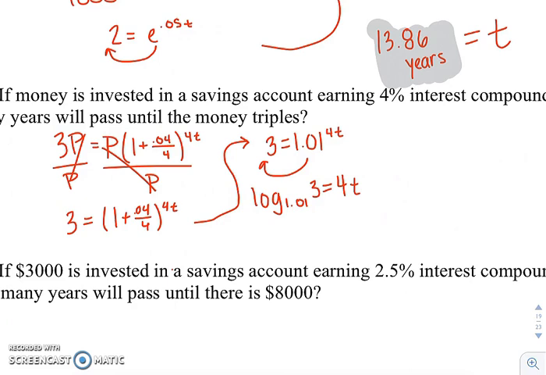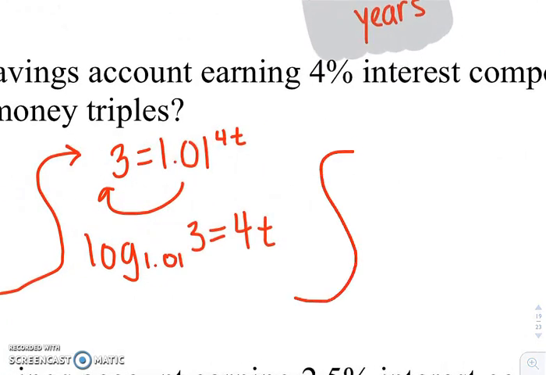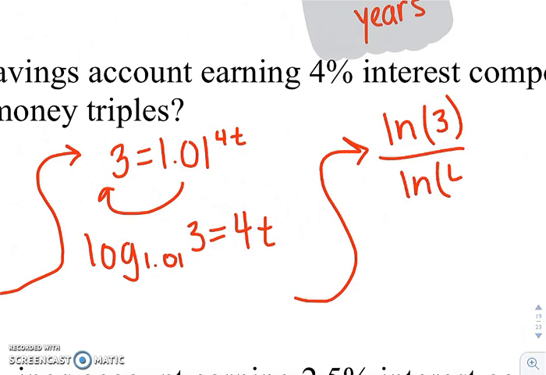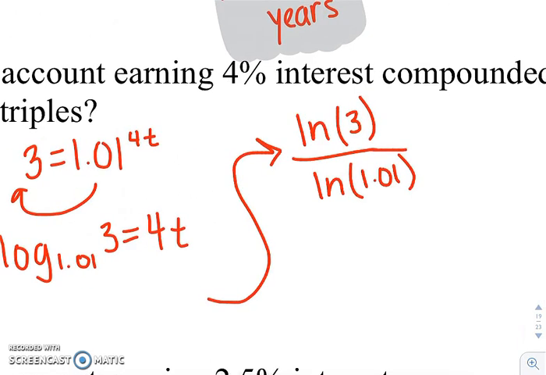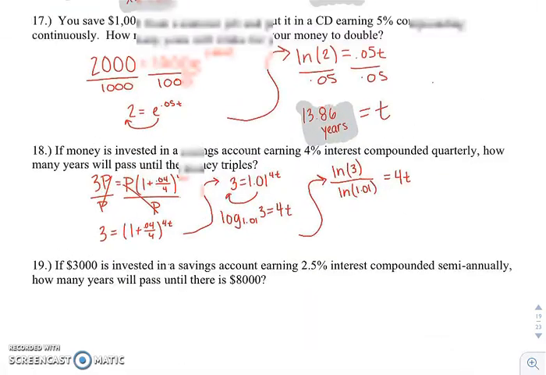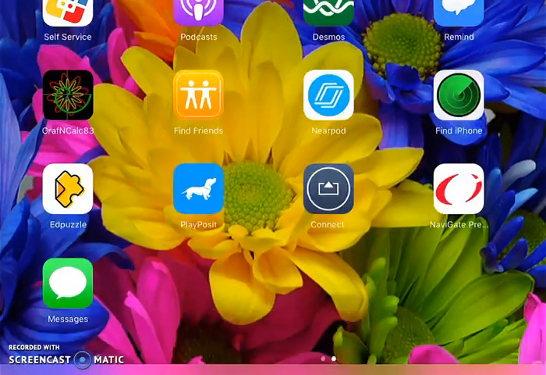So natural log of your argument, natural log of 3, divided by natural log of 1.01 is going to equal 4t.